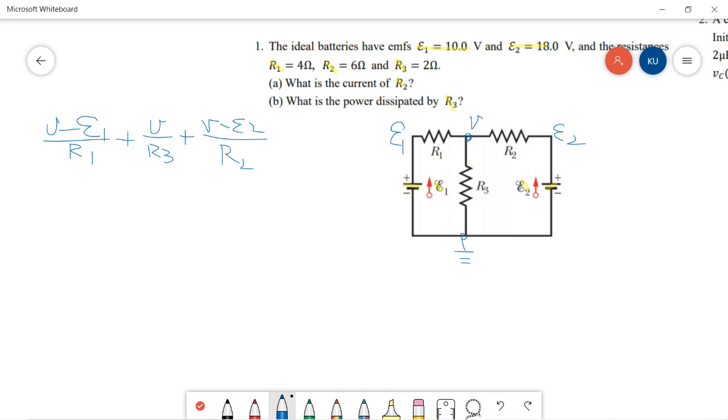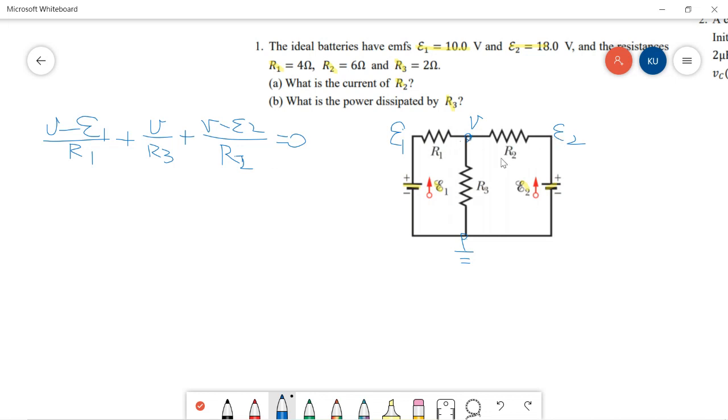So this is a very simple KCL applying at this node. The first term refers to the current going from this node to here. And then the second term is the current going from this node to here. And then the third term is the current going from this node to here.